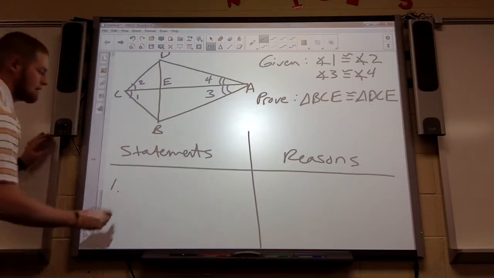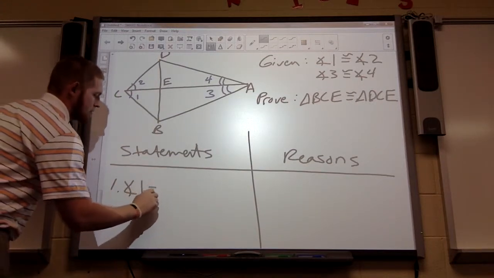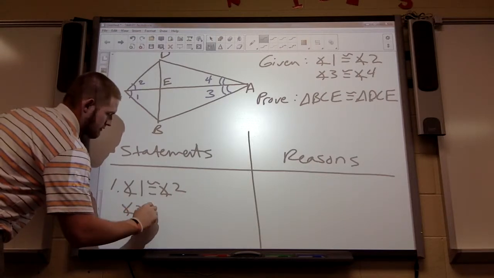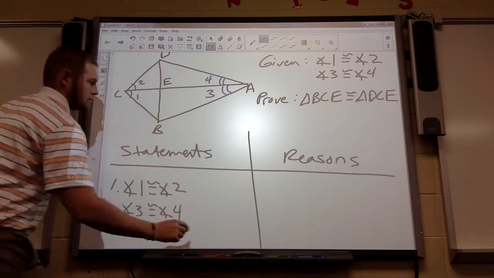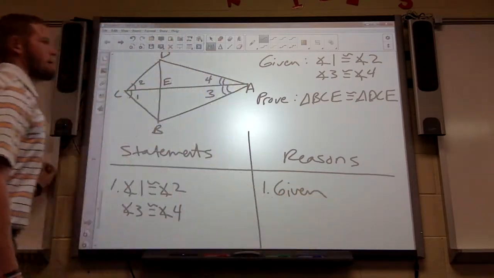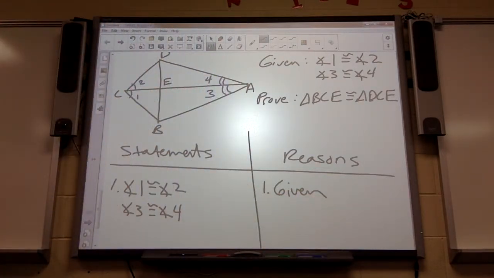So you can see that. Get written in here, angle 1 congruent to angle 2, angle 3 congruent to angle 4. Those are all given. So make sure we have all that copied down.